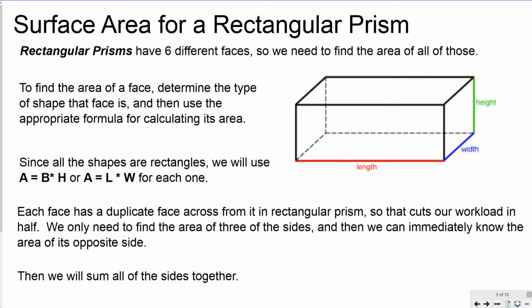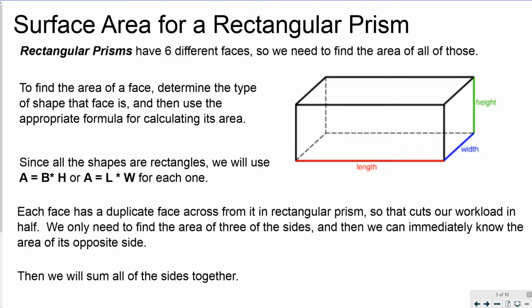In order to calculate it, I have this diagram with dashed lines to represent the sides of the figure that we cannot see. Rectangular prisms have 6 different faces, so we need to find the area of all of those. To find the area of a face, we determine the type of shape that face is. In most cases for a rectangular prism, the shape will be a rectangle, and we then use the appropriate formula for finding its area.